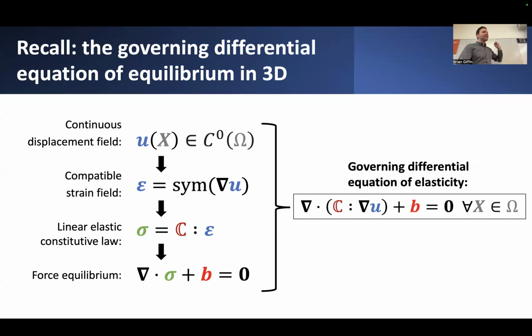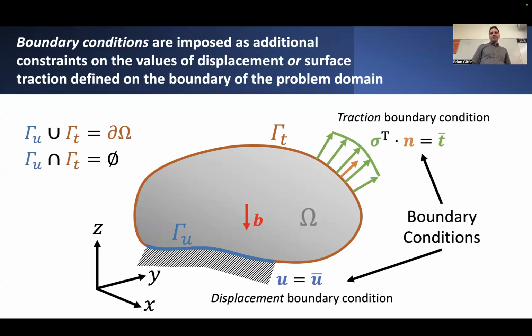So just to present you with the recap of all these concepts, now we came up with this governing differential equation, or really a set of different equations relating all these different quantities of interest in order to express equilibrium in this pointwise sense as a differential equation. But as you might recall, the challenge with doing that is that we have to set up these boundary value problems, right?